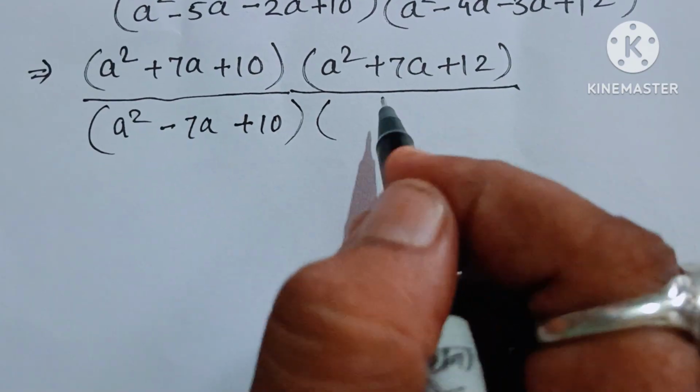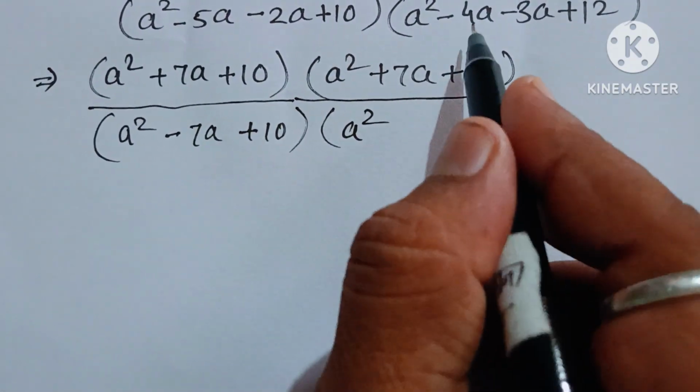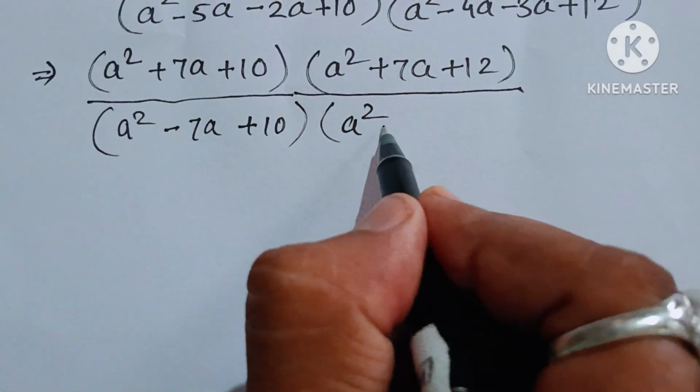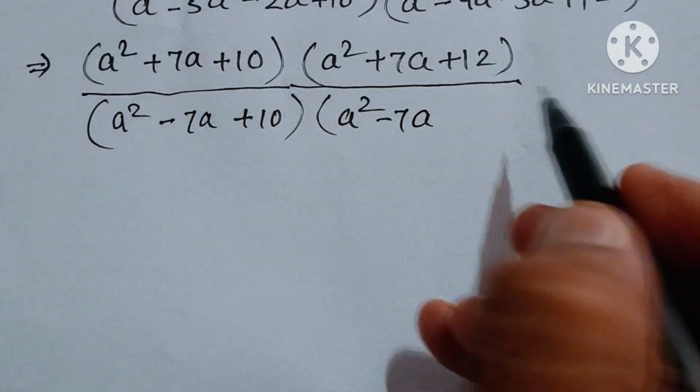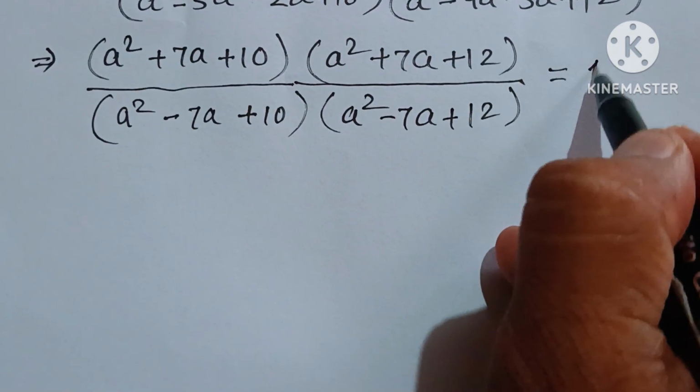Second bracket we can write a square, minus 4a minus 3a, that is minus 7a, plus 12, equal to 1.